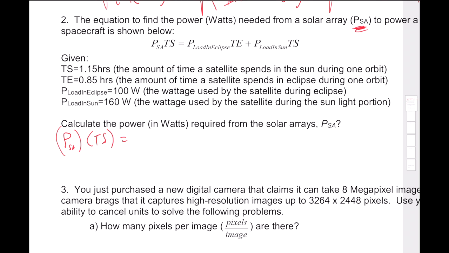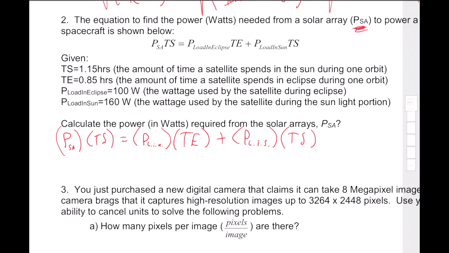It equals P load in eclipse, abbreviated, times time in eclipse, plus P load in sun, abbreviated, times TS.